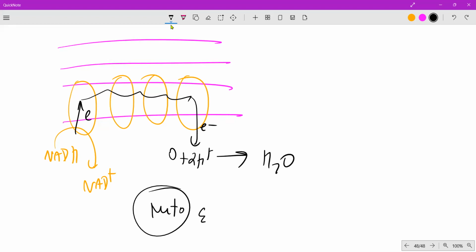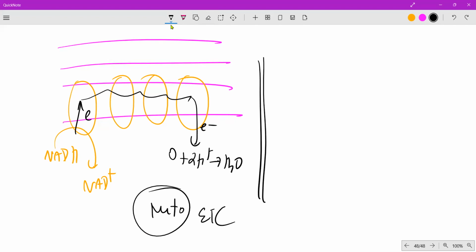This is mitochondrial ETC. Is this clear? We know this is mitochondrial ETC. Look at this now. Look at the photosynthetic ETC. Chloroplast also has an electron transport chain. Chloroplast also has ETC. Look at this.